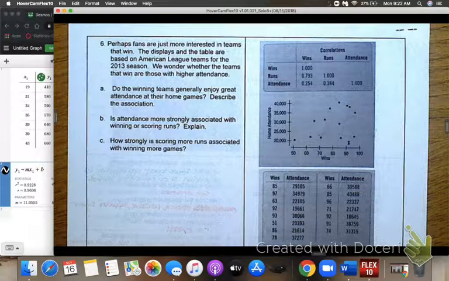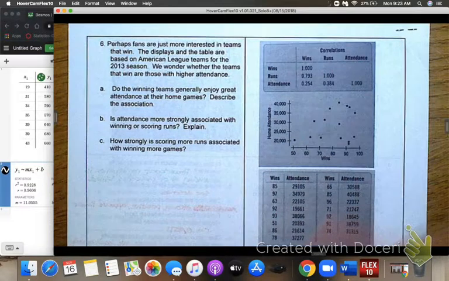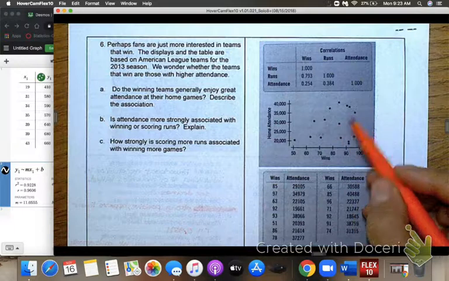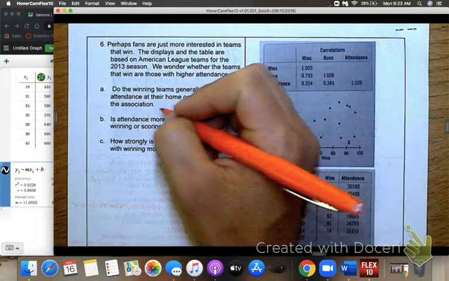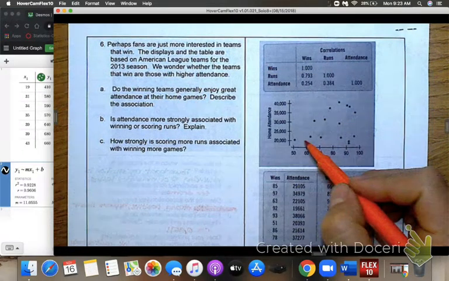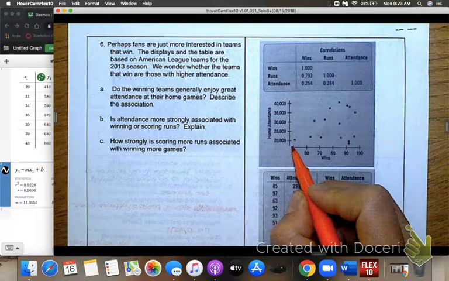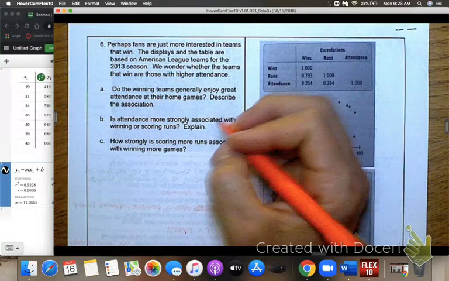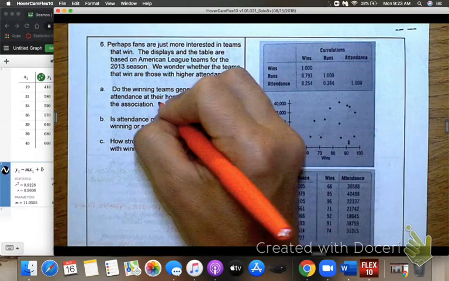So you could say that this is generally positive, but it's a little bit vague. In general, if they're not winning at all, the attendance is really low, and it's more likely for them to have some higher attendance if they're winning more. So it says describe the association, so I'd say it's positive.